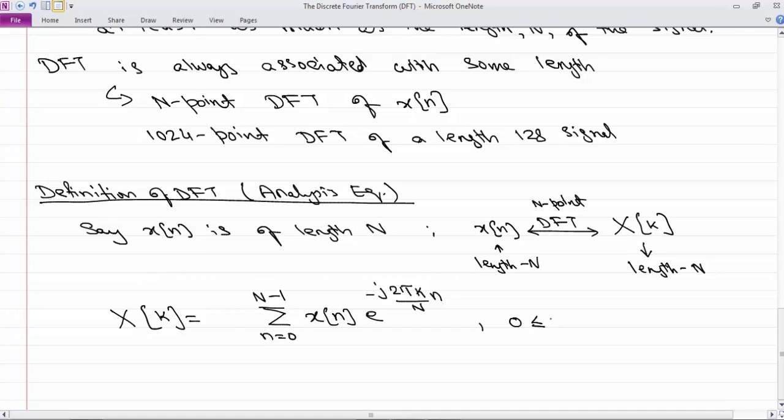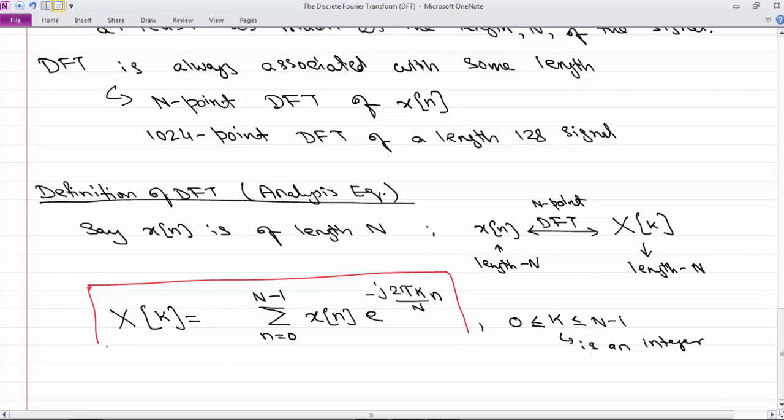And this you evaluate for all values of k between 0 and N minus 1, where k is an integer. So this is the DFT formula. You start with a length N signal and you end up with a sequence which is also length N.